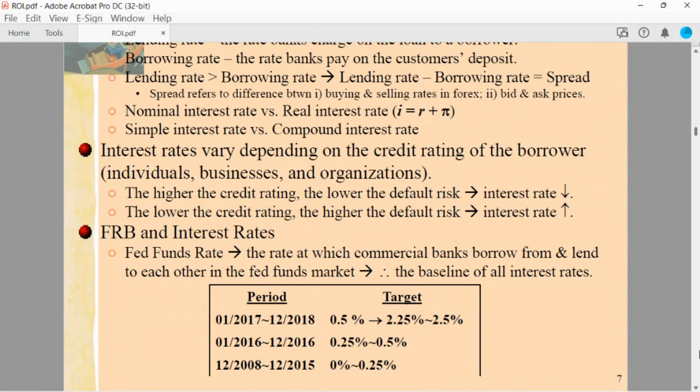Think about it. The actual Fed funds market rate will be determined by the demand and supply in the market, but the Federal Reserve sets the target for that.